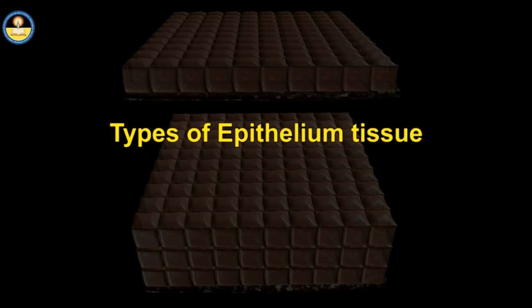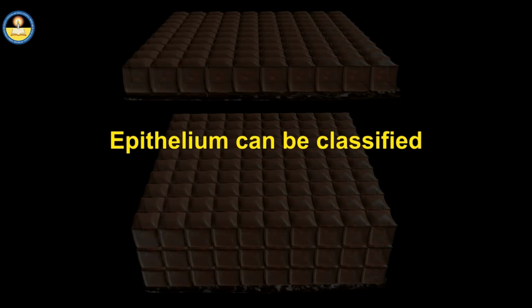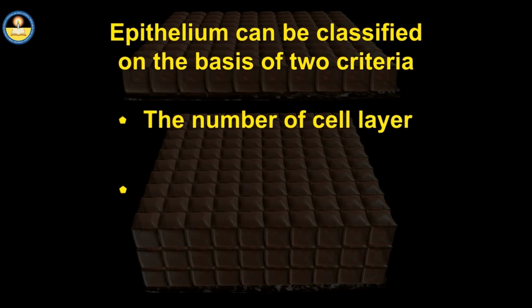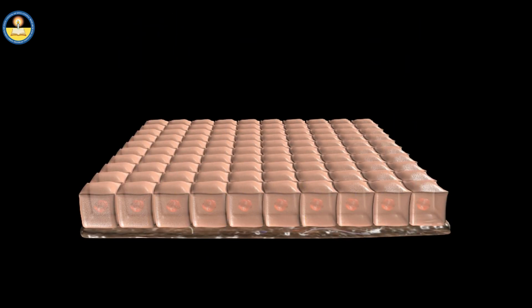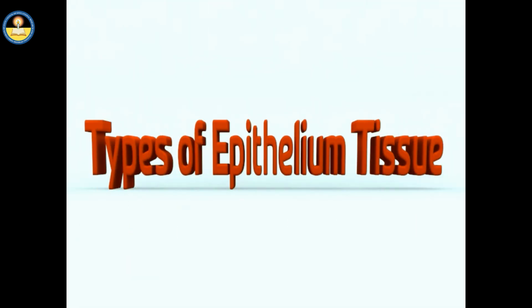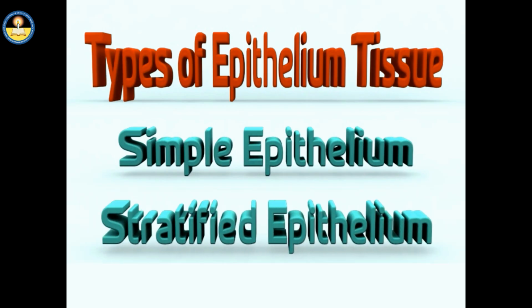Histological studies of this tissue show that epithelium can be classified on the basis of two criteria: the number of cell layers present and the shape of the cells on the top layer. On the basis of the number of cell layers present, this tissue is of two types: simple versus stratified epithelium.